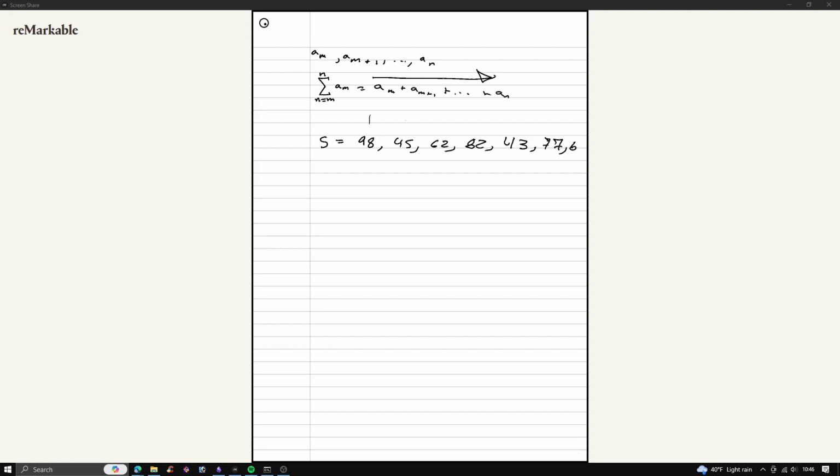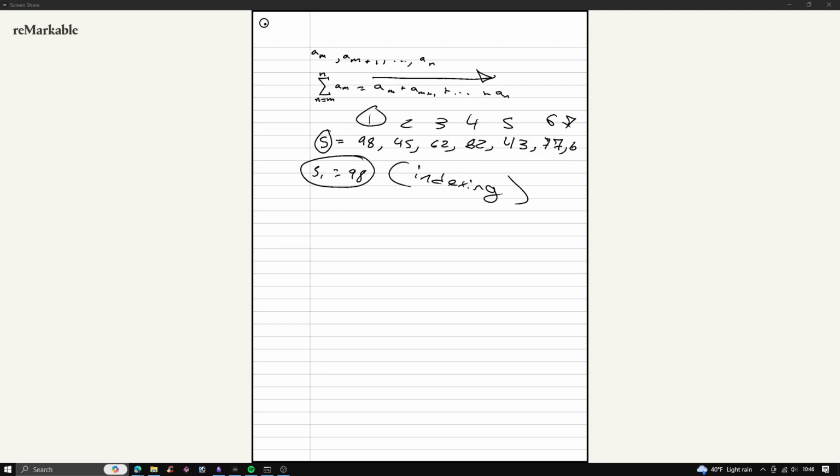So how many of these are there? 1, 2, 3, 4, 5, 6, 7. And let's say that S of 1 is equal to 98, just for convenience of indexing. So we're going to take our summation, and some of this is probably imaginary math, so I would ignore everything except for the summation stuff.